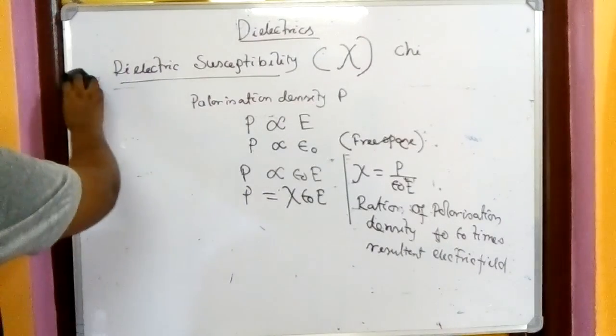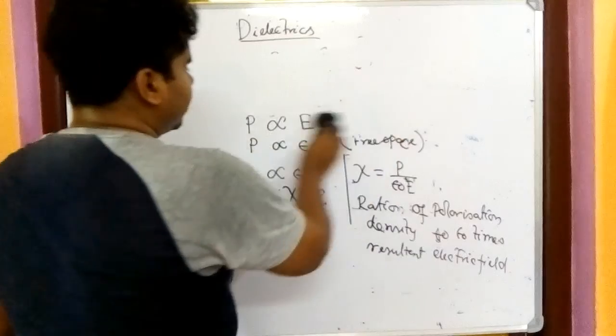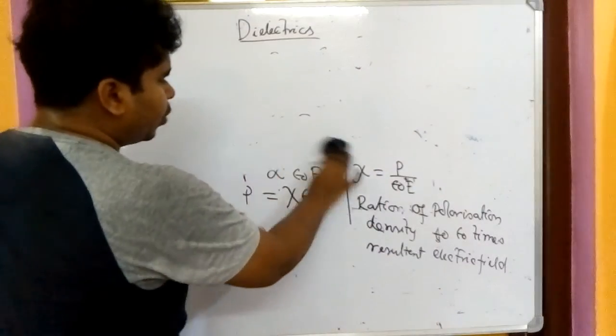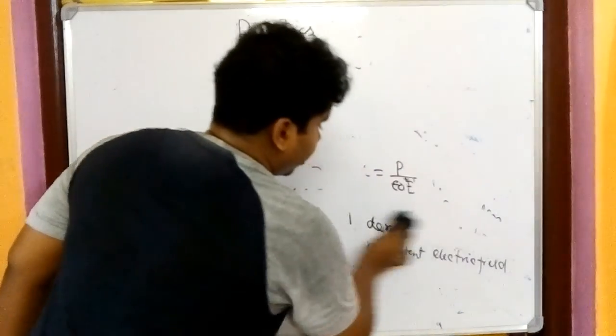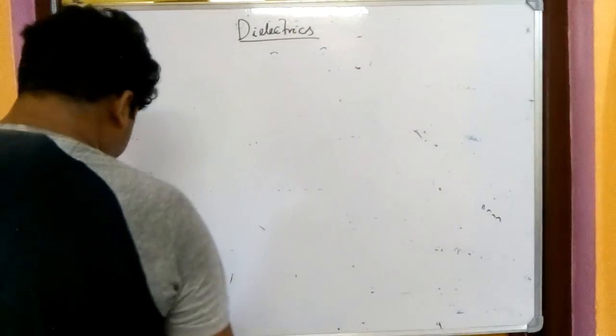Now we'll go for the last thing of this portion we have discussed, that is the relation between dielectric constant and susceptibility.